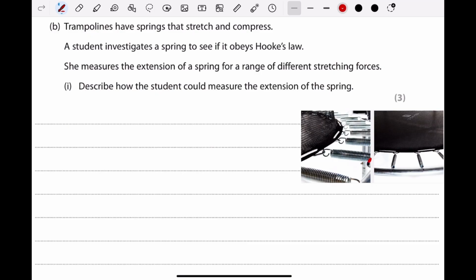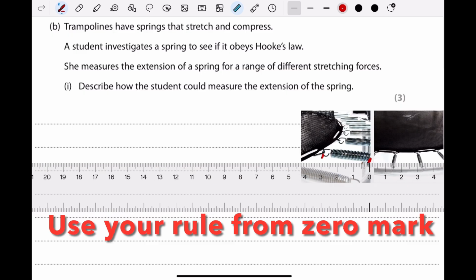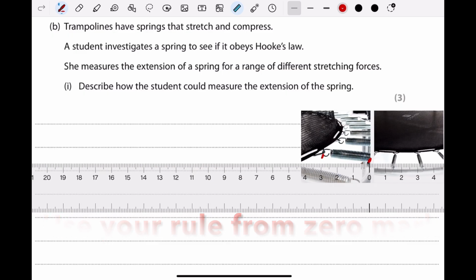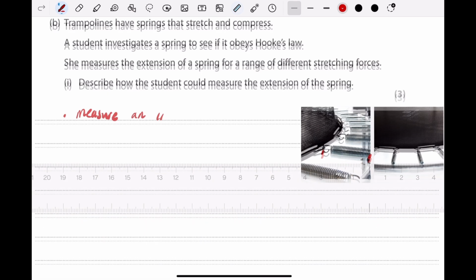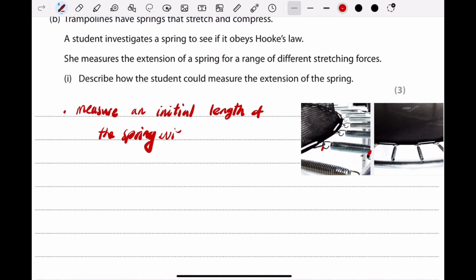So I'm going to measure from this fixed end to the end of the spring, or to the free end of the spring, and I have to use my ruler, and it's preferable to start measuring from 0. So for my initial length of the spring with no load or weights.